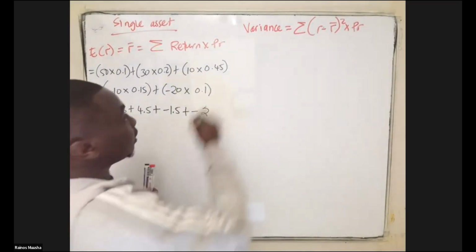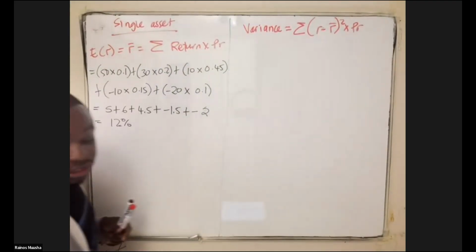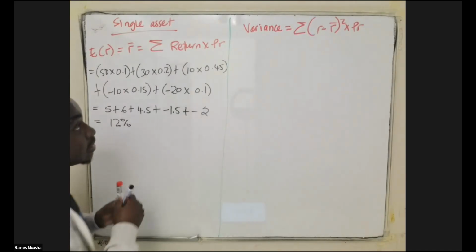How you used to do the calculations in your undergrad, even if you check your textbook, they were using full percentages when representing the returns. But for postgrad level, the method has changed. You are going to be using decimals, because if you use full values, the answer is going to be slightly different.